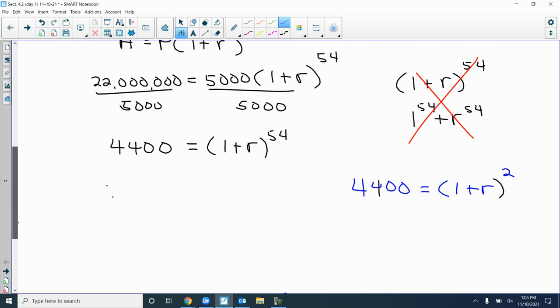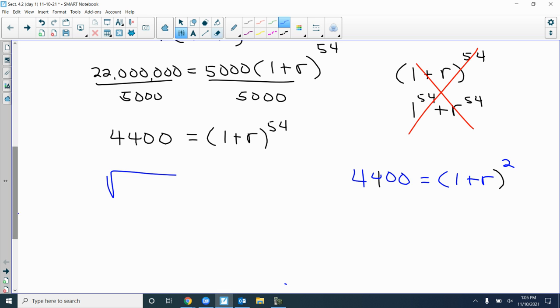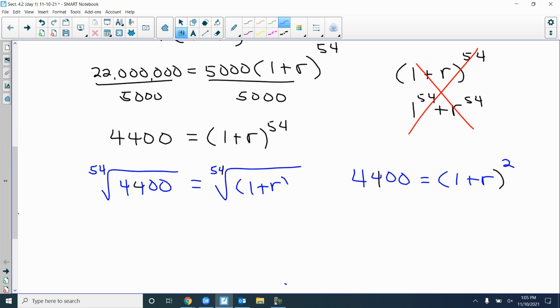Let me write that a little bit neater. The 54th root of 4,400 equals the 54th root of 1 plus r to the 54th power, which will leave me 1 plus r.